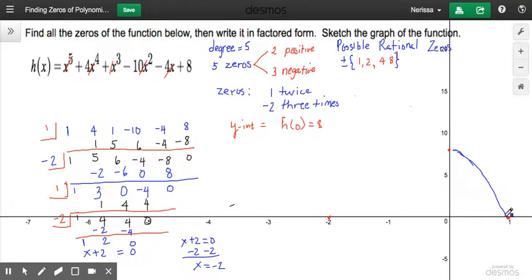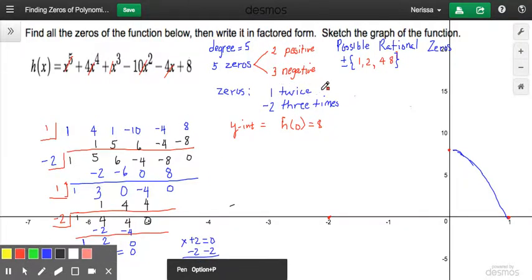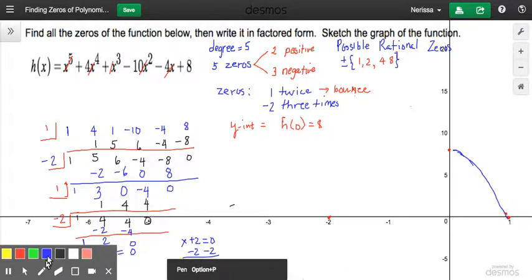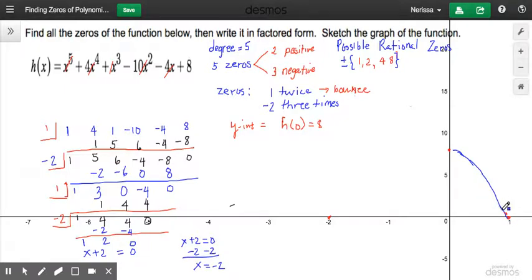the x-intercept at 1. But how many times do we have 1? Twice. Therefore, the graph should bounce here. So bounce at x equals 1. So that means when it gets to this, it's going to make a quick touch and go back up.